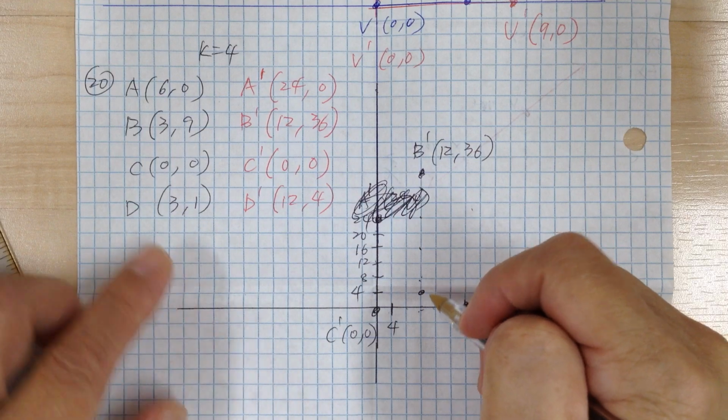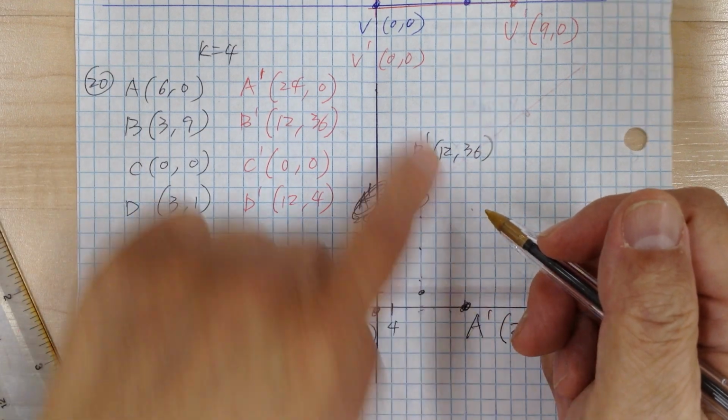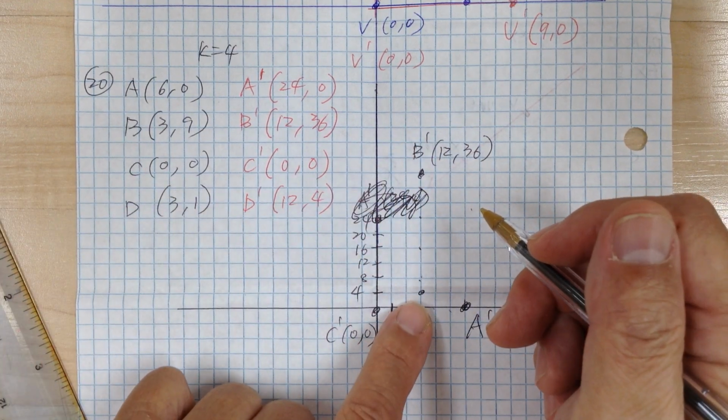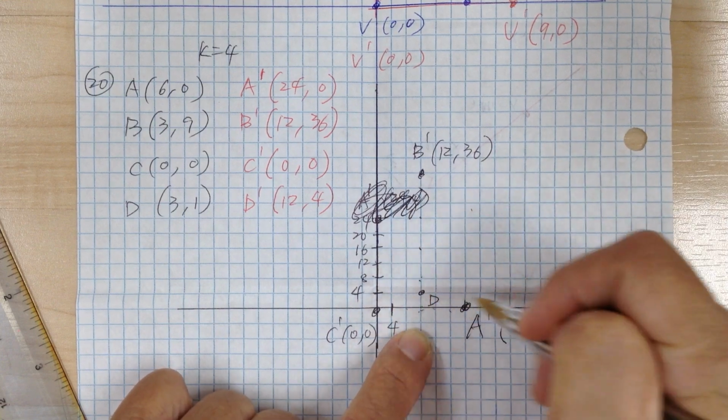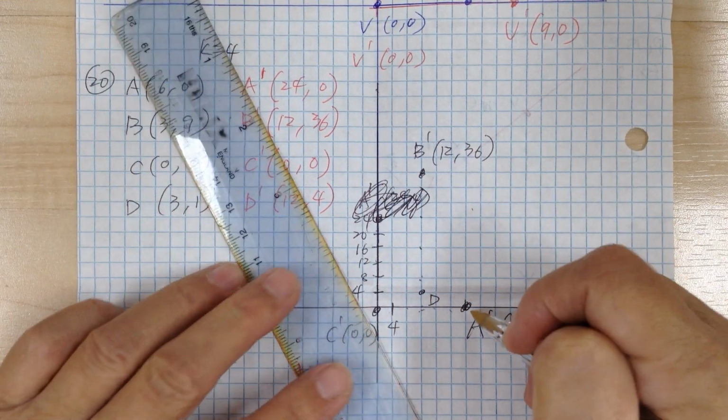And we have to label this. So A, B, C, D. So this is point D. Now, when you connect that, you have to follow the order, right?